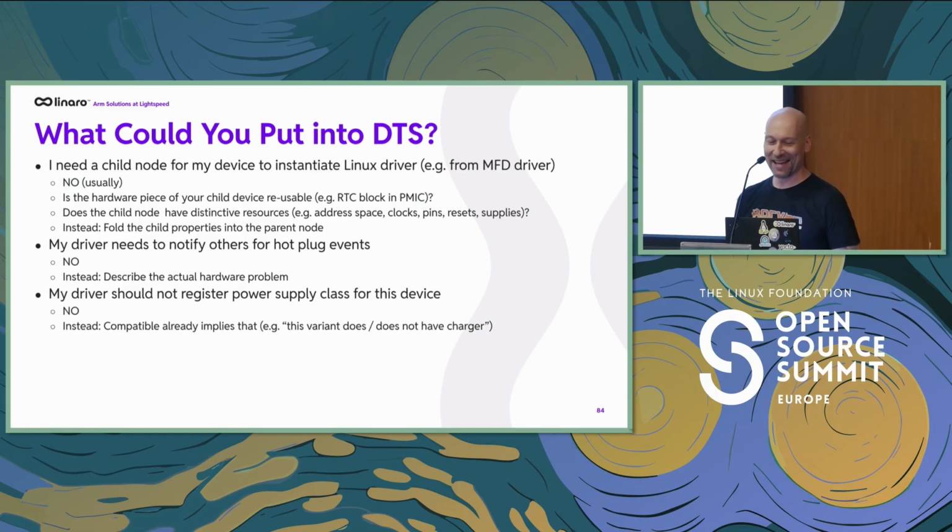I'm repeating no. But in this case, because if you have two different devices, they have their own compatibles, and the compatible defines what sort of device you have, right? So in that case, one device has a power supply, charger, yeah, it's defined by the compatible, the other doesn't have it. So your driver knows that, yeah, I'm working with this device, this compatible, I don't have the charger. So the compatible defines what the driver can or cannot do. This is not a hot pluggable case, by the way, referring to the previous talk.